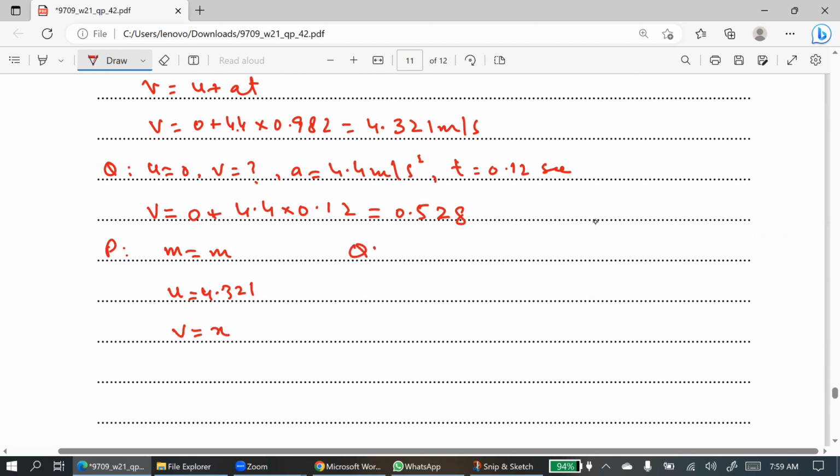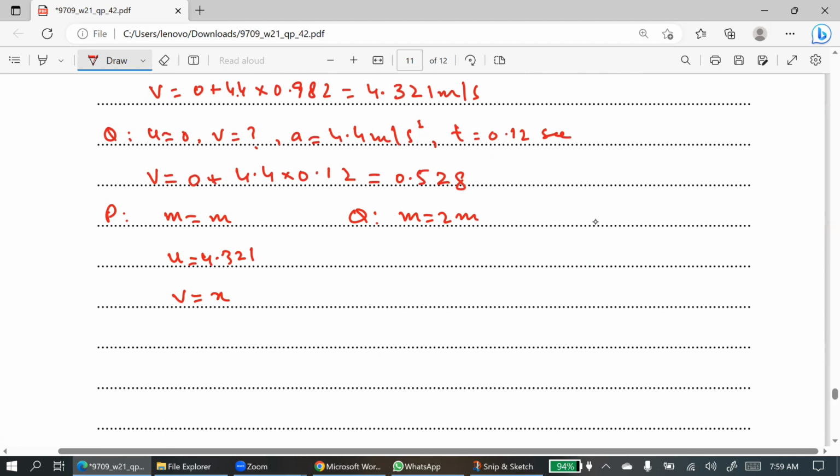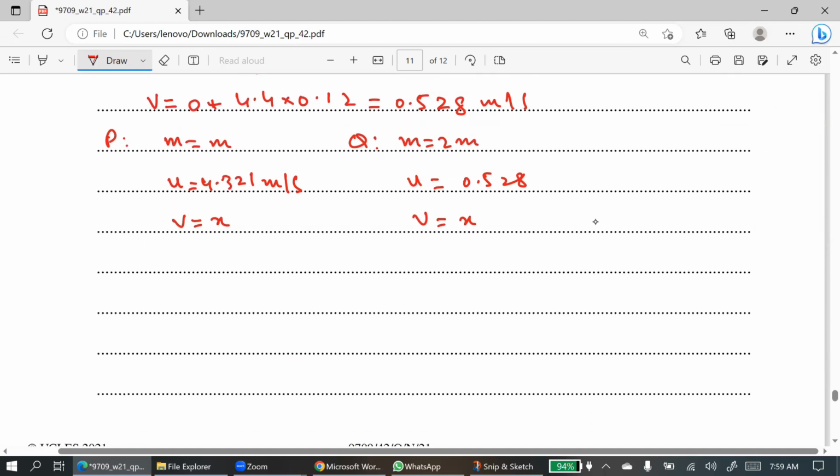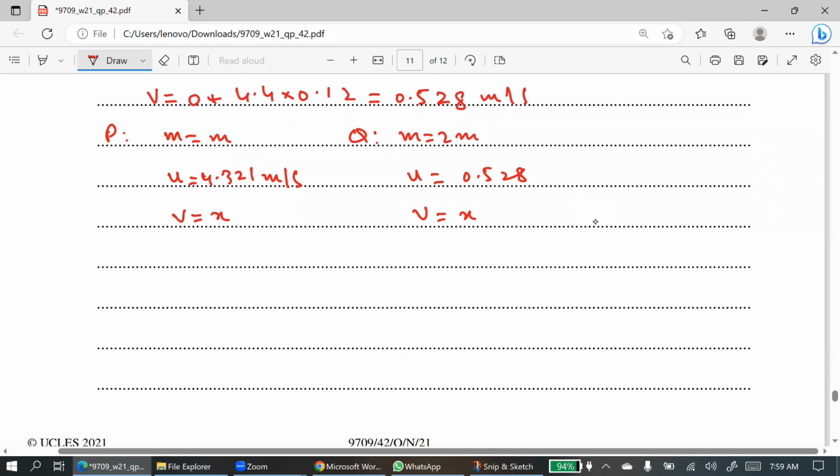For particle Q, mass is 2m, speed before the impact is 0.528, and speed after the impact will be the same as that of P.